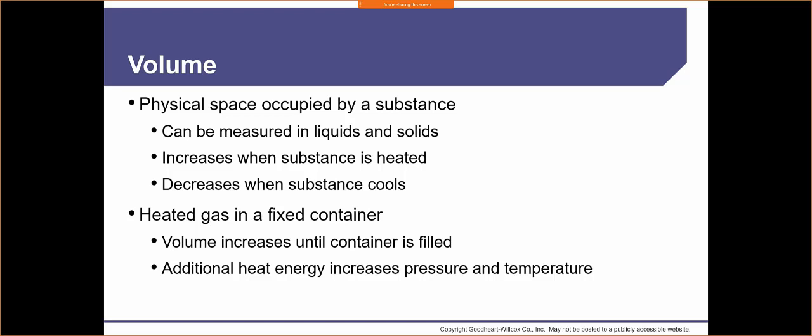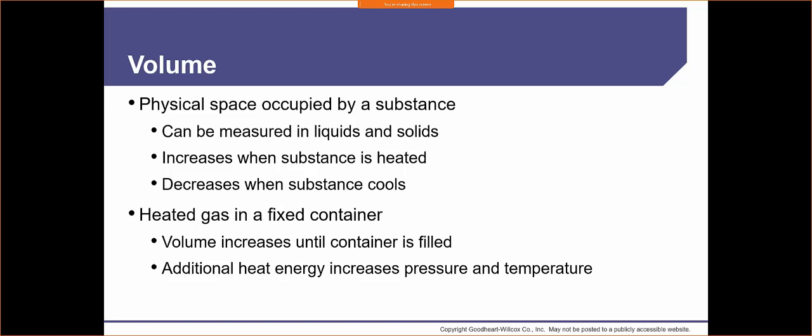Like we talked about last chapter, we were talking about the molecules moving around. We understood that the molecules inside of ice don't move around very much. If we're talking about steam, where we have a lot of molecular movement, we're adding heat to that substance to cause those molecules to really move. So a heated gas in a fixed container, the volume increases until the container is filled.